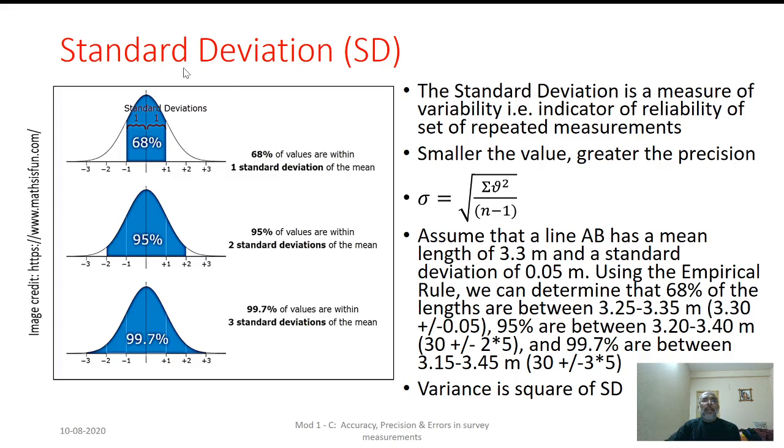Here we can make use of standard deviation in order to understand the spread of the data with respect to the mean observation. Hence, the standard deviation is the measure of variability, that is the indicator of reliability of a set of repeated measurements.